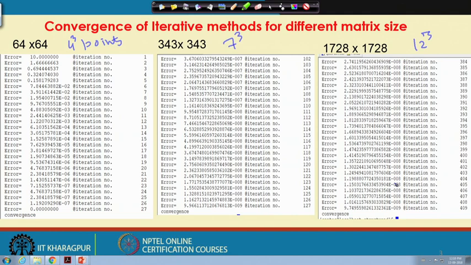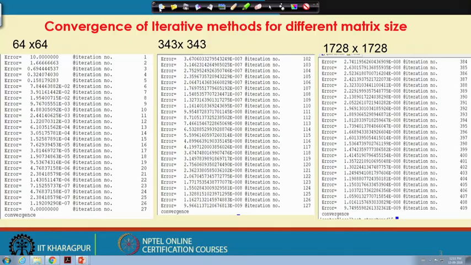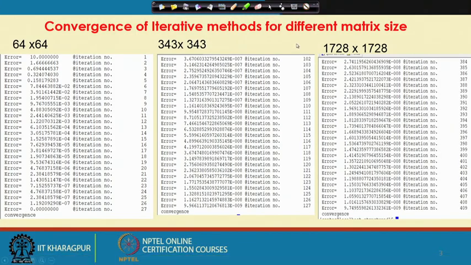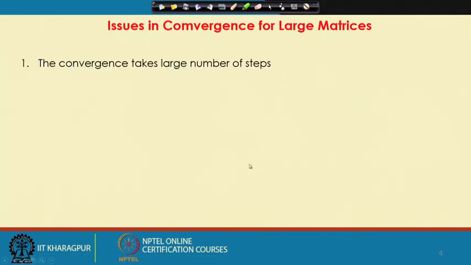When we go to the finer value, the error may be reducing very fast from 10 to the power of 1 to 10 to the power of minus 6, but if we have to reduce the error from 1.2 into 10 to the power minus 8 to 1.1 into 10 to the power minus 8, that takes a lot of time. So, this is what we can look into, the convergence pattern of the solvers, and we can essentially look into the convergence issues.